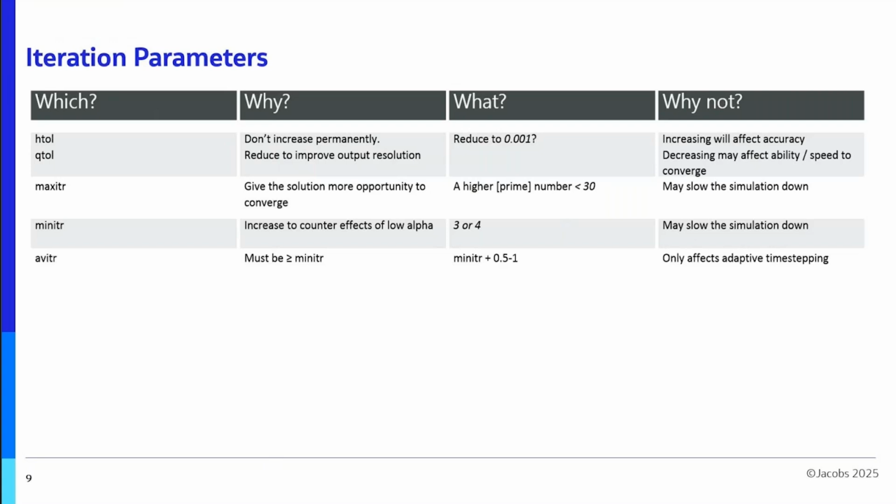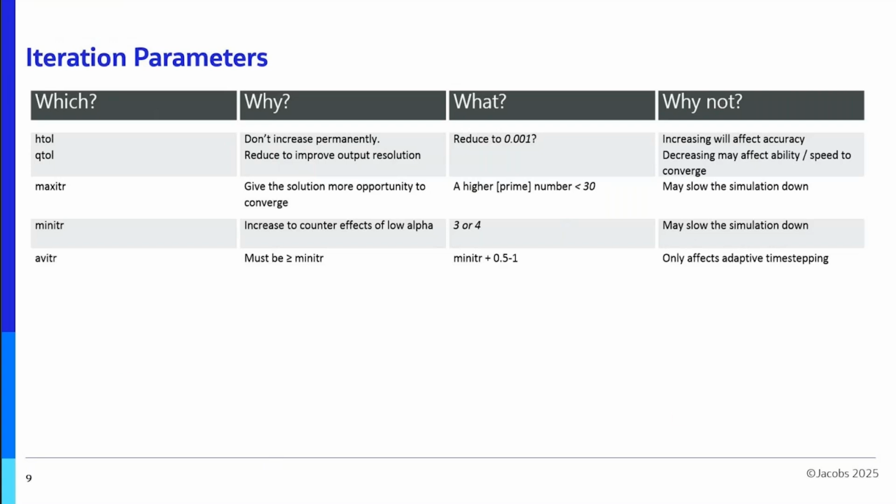Now, having min-iter too high and the solution will obviously take longer to run. The recommended value is currently 3, and you could go with 4, but I wouldn't recommend exceeding that number.